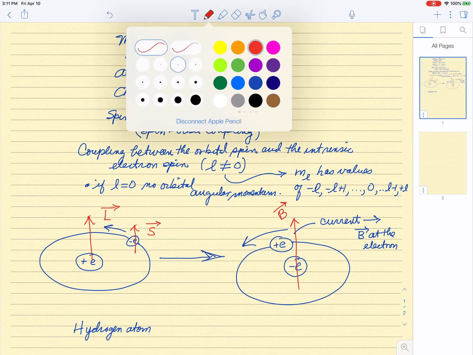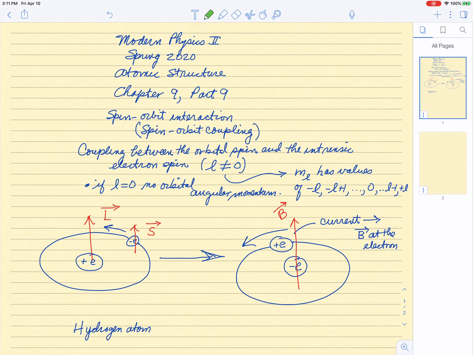The electron is going to react, quote unquote, or interact with the electron spin magnetic moment.